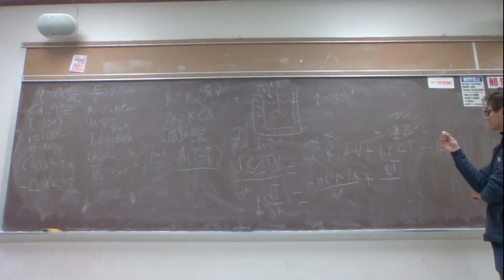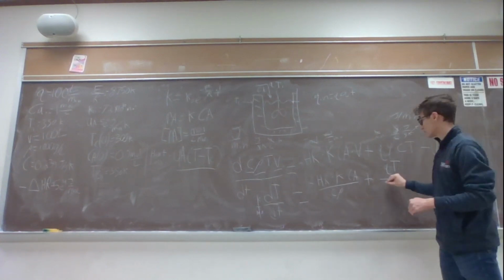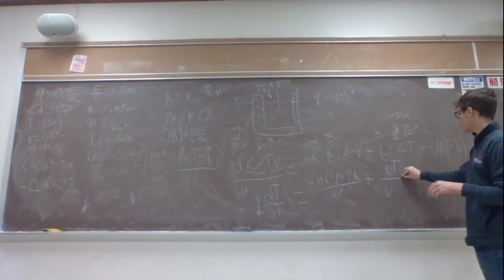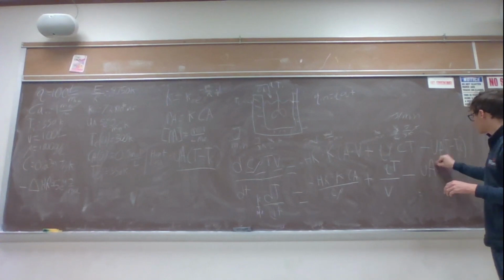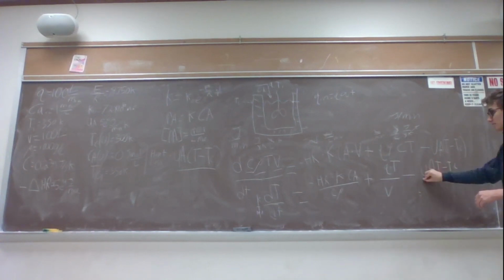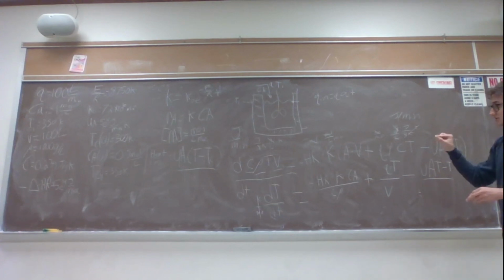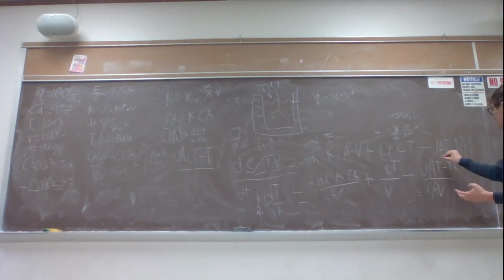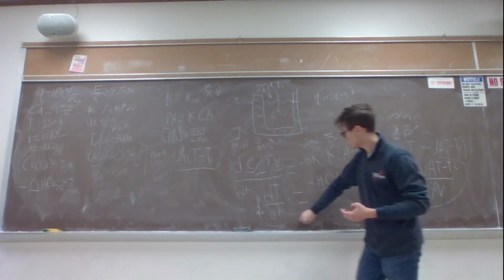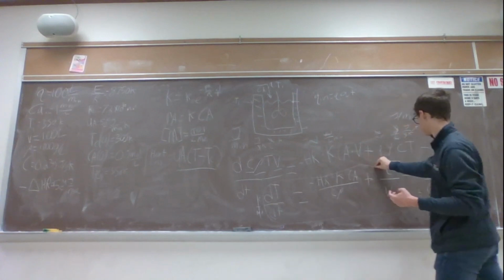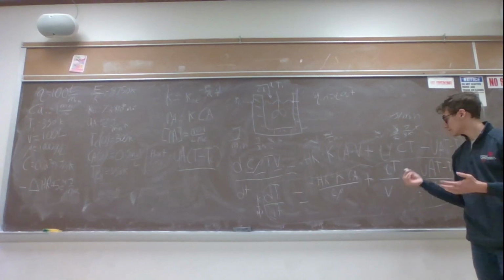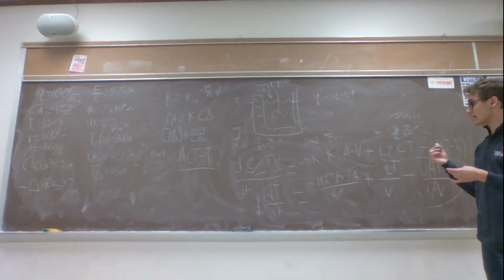How did I get rid of liters over here? Oh, I started with liters. Okay, so over volume. And then we're going to subtract UA times T minus TC divided by CPV. And this, what we have here, should theoretically be the differential equation that calculates the change in energy of our system.